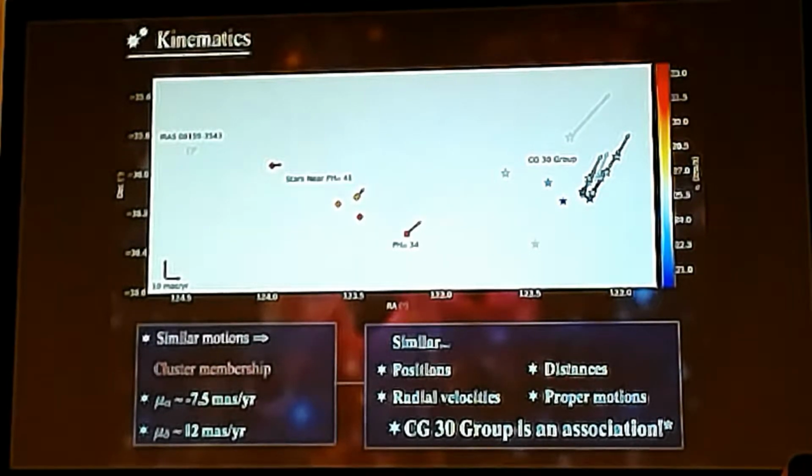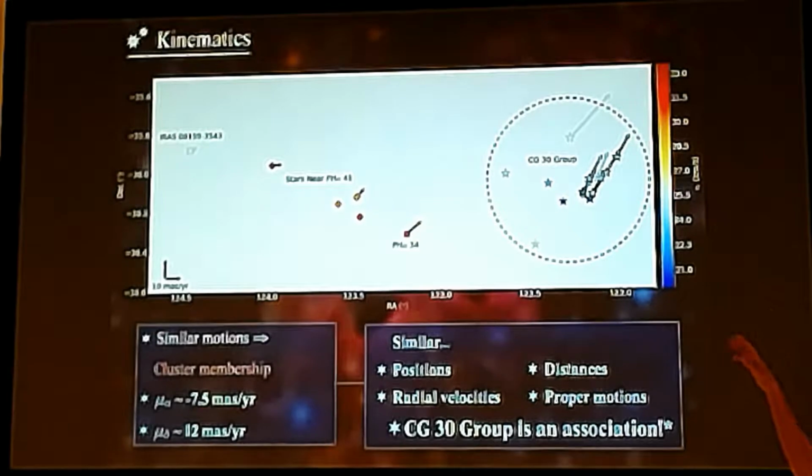This CG30 group, as I may call it, is very likely an association. So hooray, we found an association. It was previously discovered, really. People have already looked into this one, but it's nice to confirm, and I think we've added a few members by doing this.